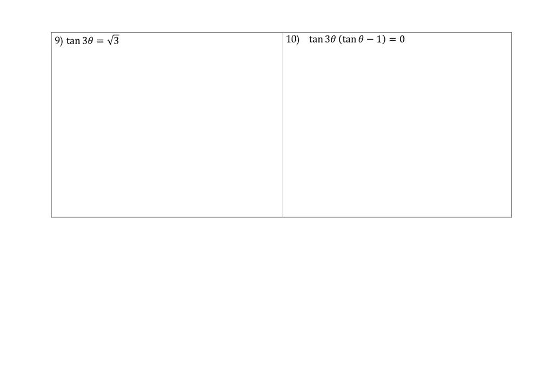Okay, I've got a coefficient of 3 in front of this tan. So the first thing I'm going to do is solve for tan theta equals root 3. So theta equals the inverse tan of root 3. And so theta here for tan is at pi over 3 and at 4 pi over 3.